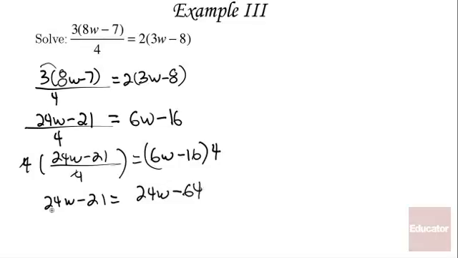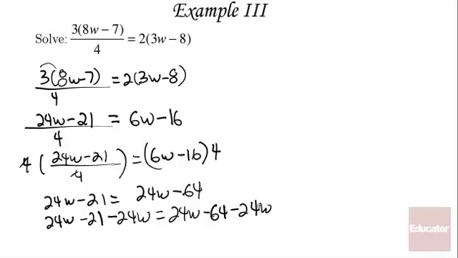The next thing is to move all the variables. Now that I've gotten rid of my parentheses, move the variables to the same side. Right now I have a 24w on the right side, but I only want variables on the left side. So subtract 24w from both sides. Well, here's where something strange happens.